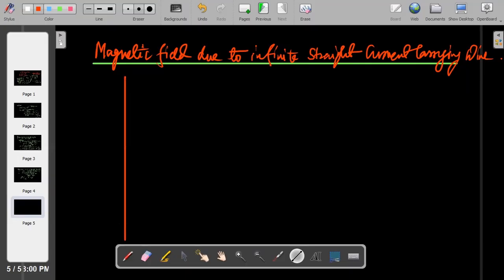Let us draw this wire where the both ends are infinity and minus infinity. That we have done in Biot-Savart law, right? So we have considered a small dl, some point P is there. We are making some angles and all these things. Don't do all these things for Ampere circular law. What you have to do?